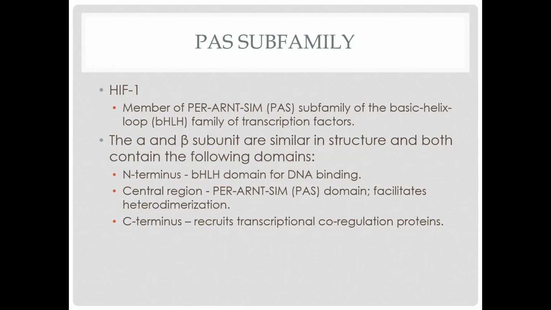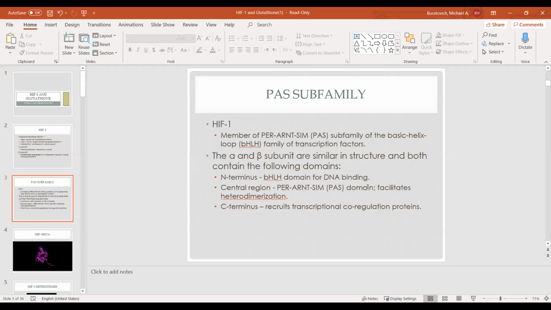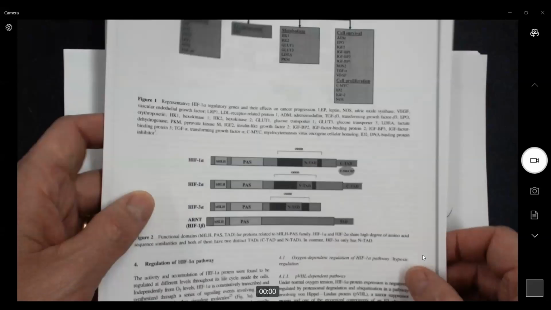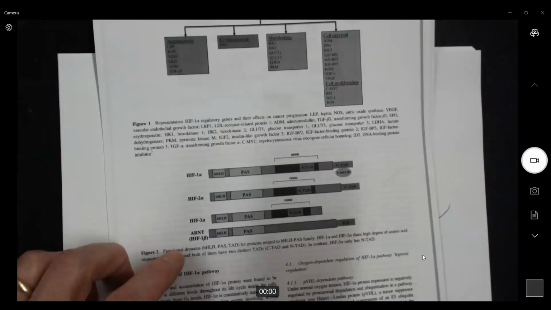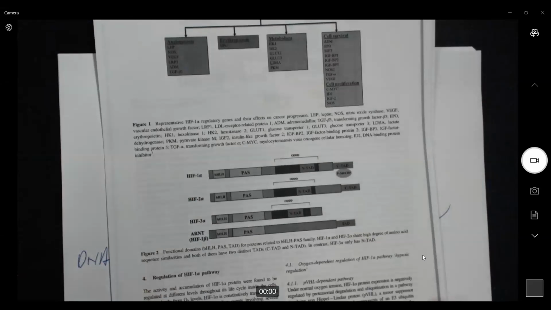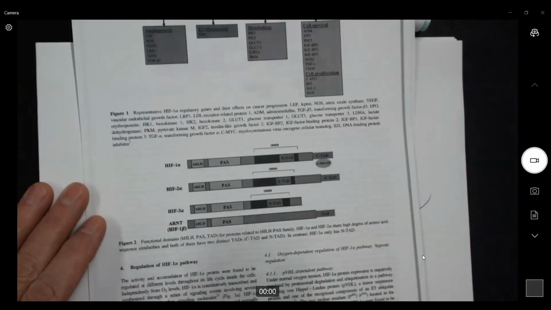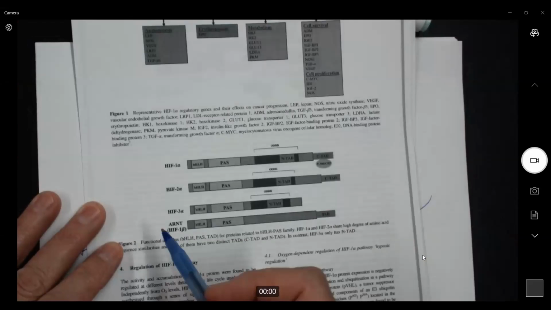Let me just show you really fast some of these HIF proteins that are found in other species. Here's a diagram from a paper. So here are some of these proteins.